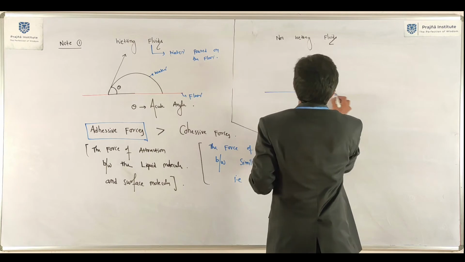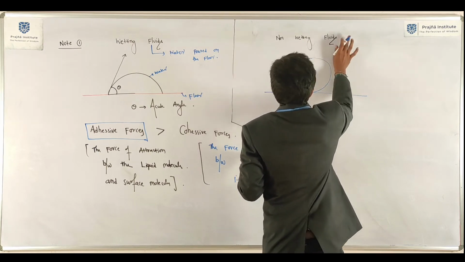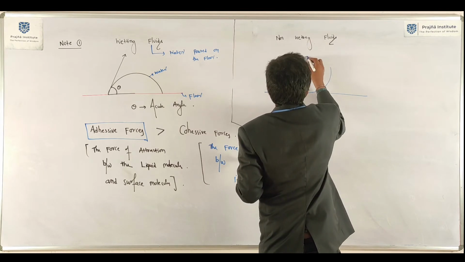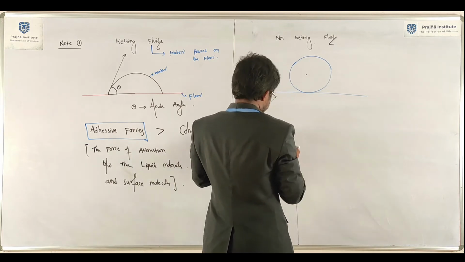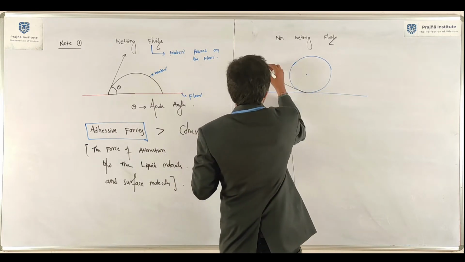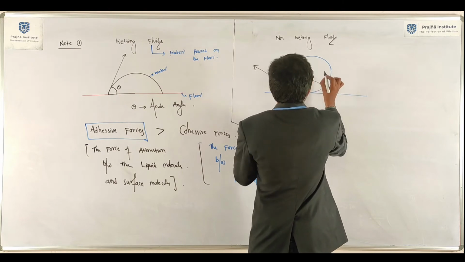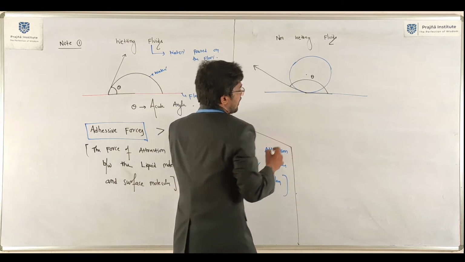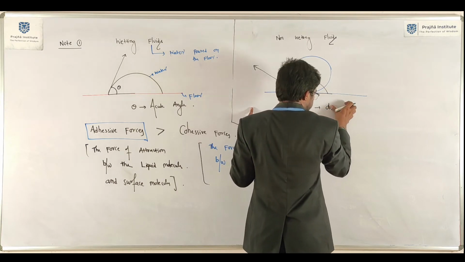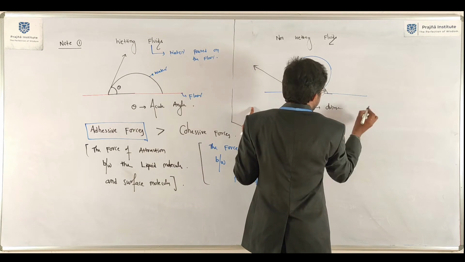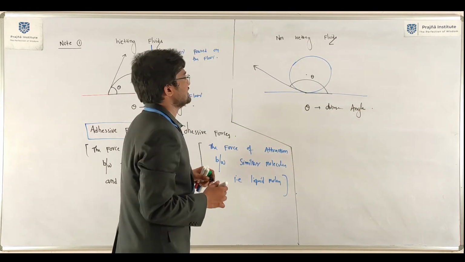Here, what is happening? You can take the angle theta. Theta is an obtuse angle, more than 90 degrees.